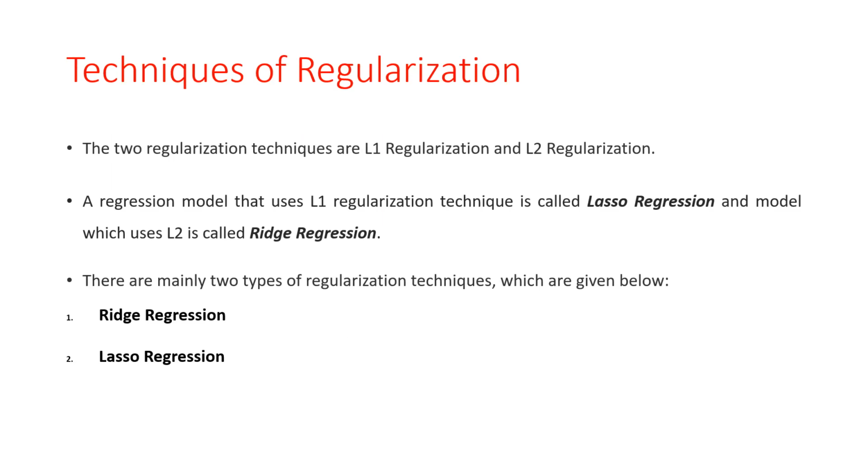Next are the techniques of regularization. The two main regularization techniques are L1 and L2 regularization. A regression model that uses the L1 regularization technique is called lasso regression, and the model which uses L2 regularization is called ridge regression.